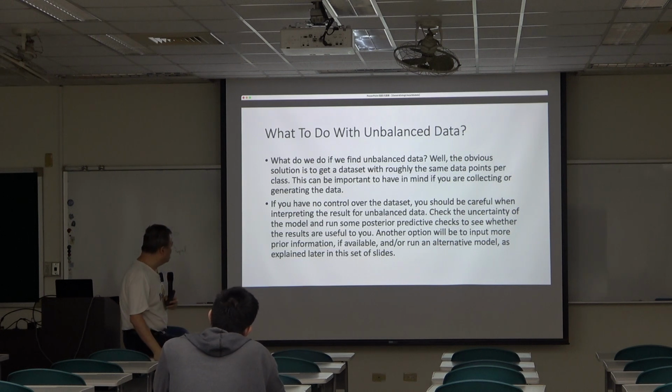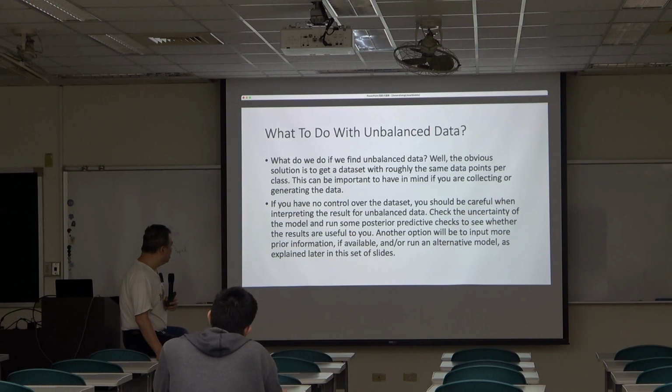Check the uncertainty of the model and run some posterior predictive checks to see whether the results are really useful, because sometimes when the result is too biased, it may not be that useful.